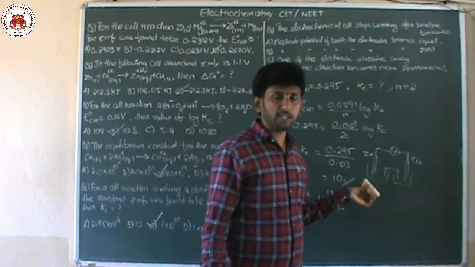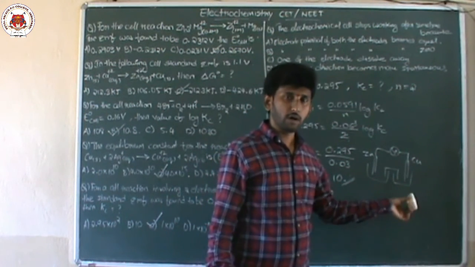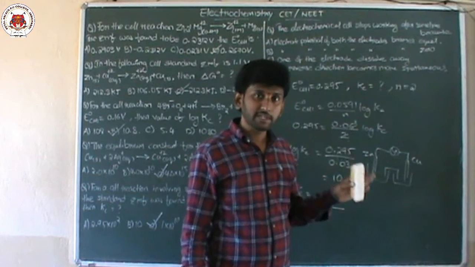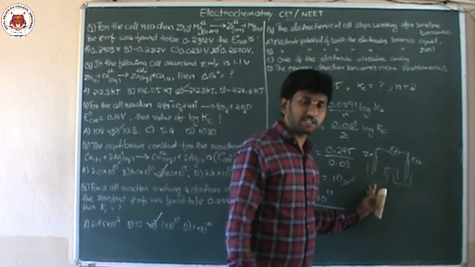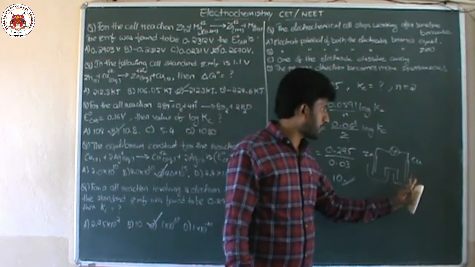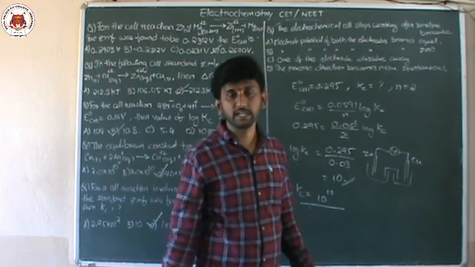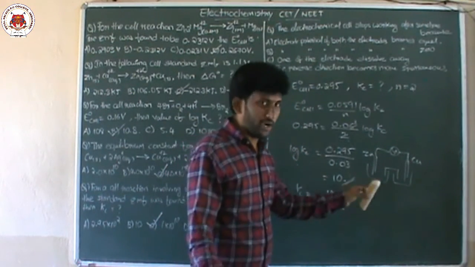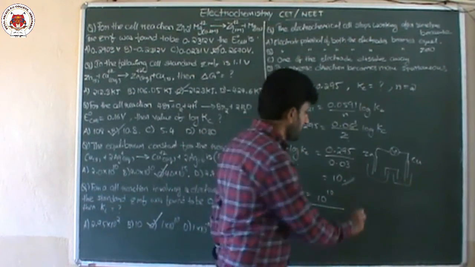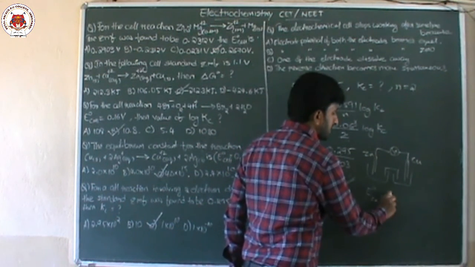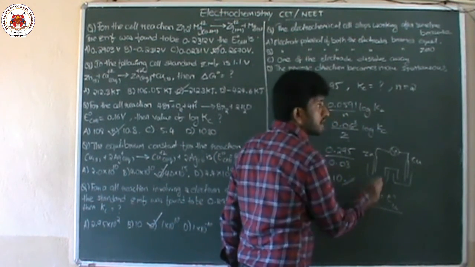Why will it become 0? Initially there were electrons moving from the zinc electrode to the copper electrode. After some time the zinc potential or the copper potential keeps on changing until the point where equilibrium is attained. That means the potential of zinc will become exactly equal to the potential of copper.